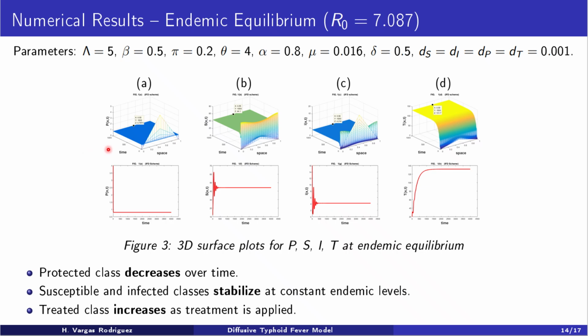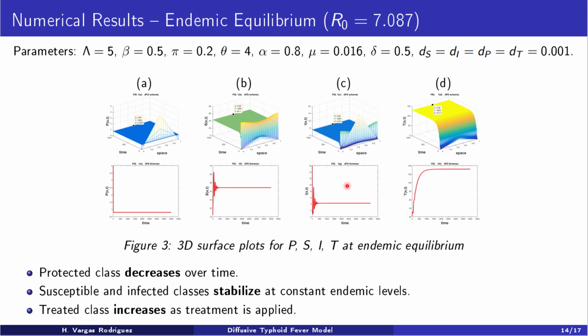The protected class decreases over time. This is expected because individuals lose their protection at the rate gamma and move into the susceptible class. The susceptible population evolves and stabilizes around a constant endemic level. The infected class also stabilizes at a positive constant level.